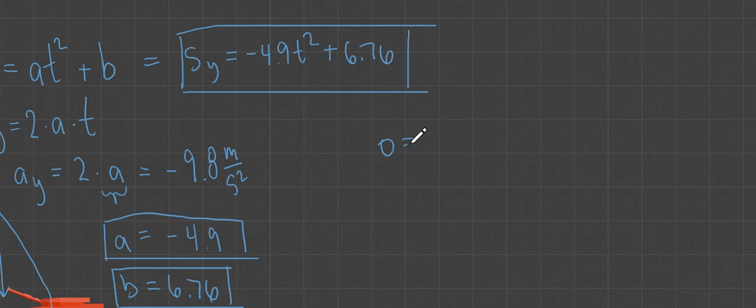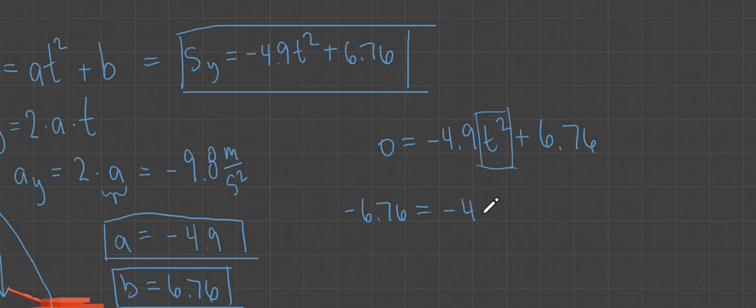So if we set 0 equal to negative 4.9 t squared plus 6.76, and we want to solve for the unknown, then we would just subtract 6.76 from both sides, and we'd have negative 4.9 t squared.